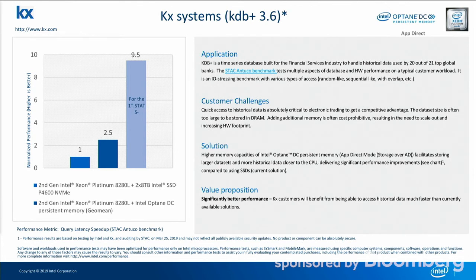For those of you that don't know, KDB is a financial services industry database, and a lot of the people that use it are looking for historical data, and the request for historical data will oftentimes hit disk. So in this case, the disk is the Optane module on the memory bus. And then you can see the performance improvement that was gained by that.